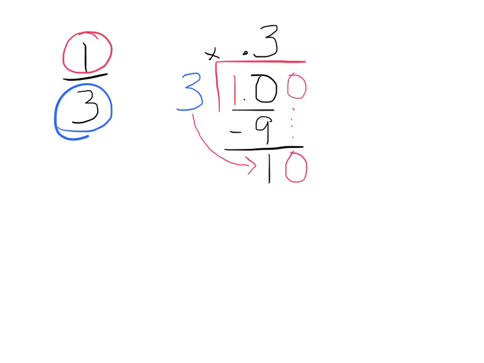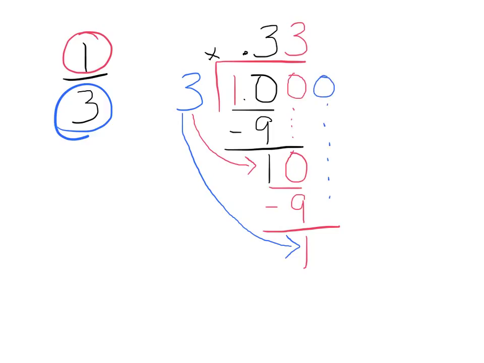Notice what's happening here. Now I'm saying, can 3 go into 10? Okay, well 3 can go into 10 3 times. 3 times 3 is 9, and I need to subtract. 10 minus 9 is 1. 3 can't go into 1, so I add a 0, and I bring it down.